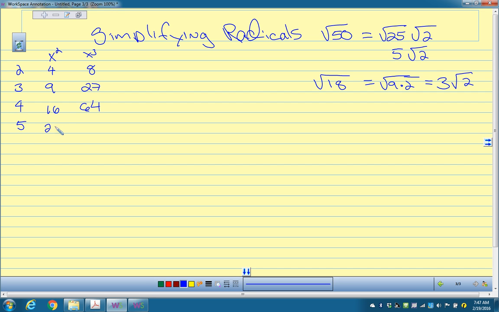5 goes with 25, 125. We'll go up to 10. 6 goes with 36, and 6 cubed, did we say that's 216? 216. I don't know all these. 7, 49, and 343?